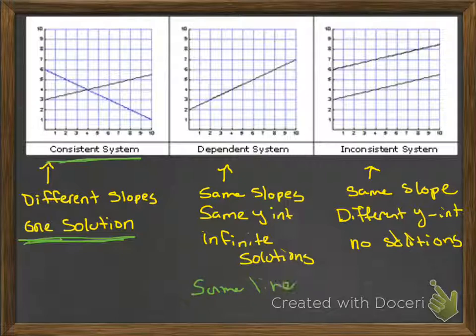They have the same slope, the same y-intercept, and they have an infinite amount of solutions, that is, all their values are solutions. Inconsistent systems have no solutions, because they're parallel lines. They have different y-intercepts but the same slope.